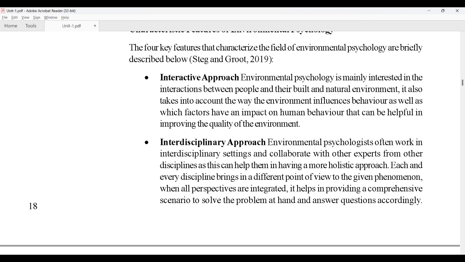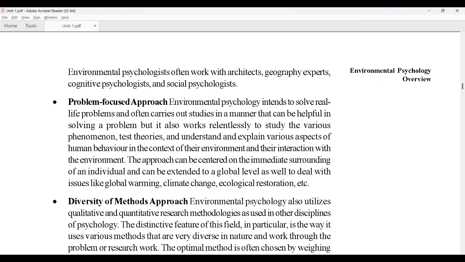Each and every discipline brings in a different point of view to the given phenomenon. When all perspectives are integrated, it helps in providing a comprehensive scenario to solve the problem at hand and answer questions accordingly. Environmental psychologists often work with architects, geography experts, cognitive psychologists, and social psychologists.